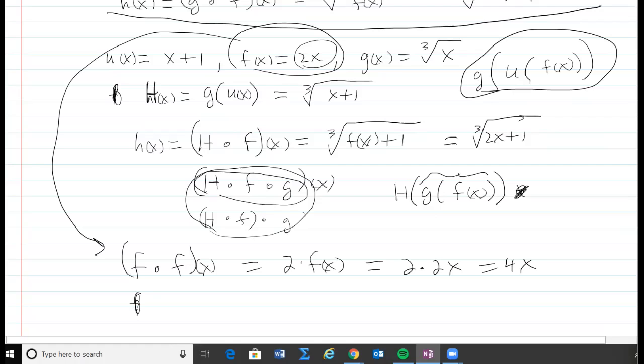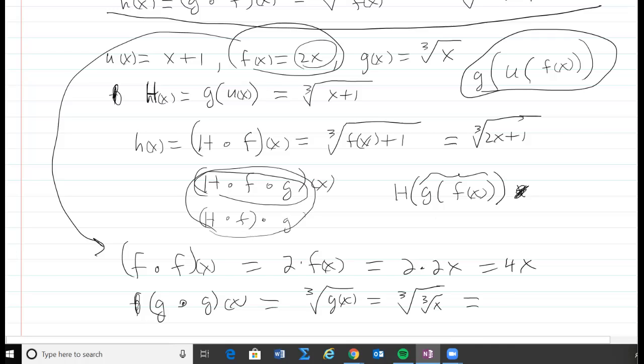Let me do this one, g of g of x. That would be function g, the cube root of g of x, which is the cube root of the cube root of x. And that's a strange looking function.